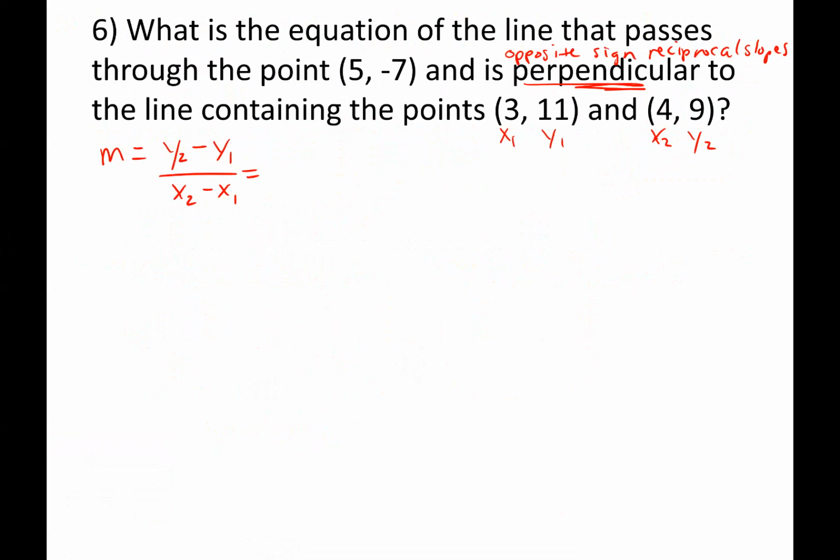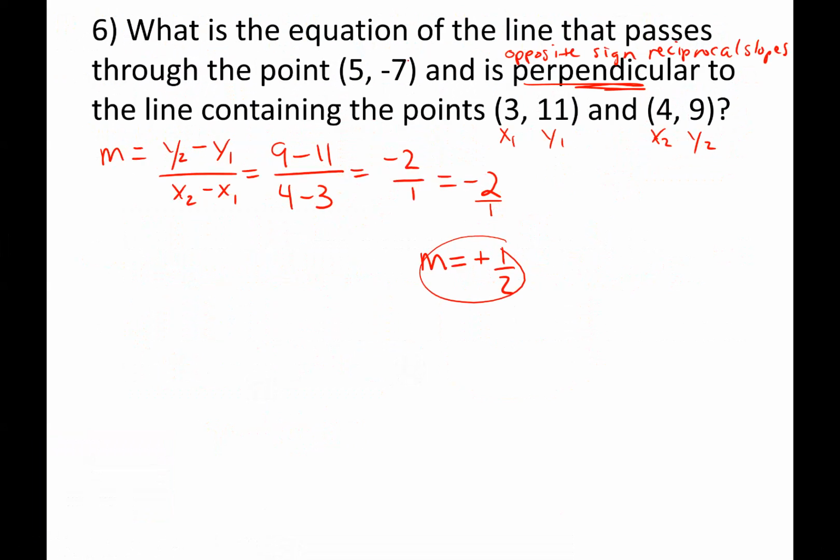When I do that, I get 9 minus 11 over 4 minus 3, or negative 2 over 1, which is negative 2. So that's the slope of the other line. We want our line to be perpendicular to that. So that means opposite sign reciprocal slope. So opposite sign would be a positive. Reciprocal of 2, if you sneak a 1 under it, 2 over 1 becomes 1 over 2. So that's the slope that we're going to use.